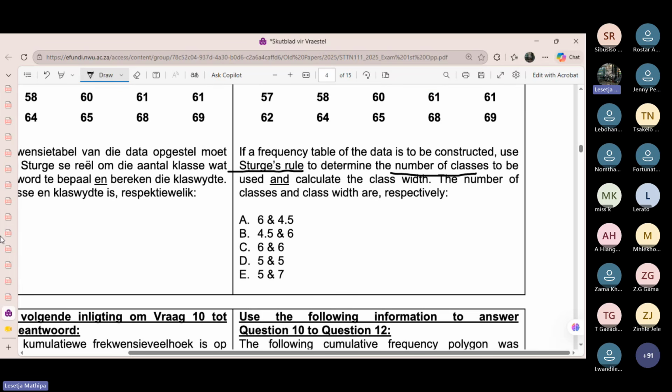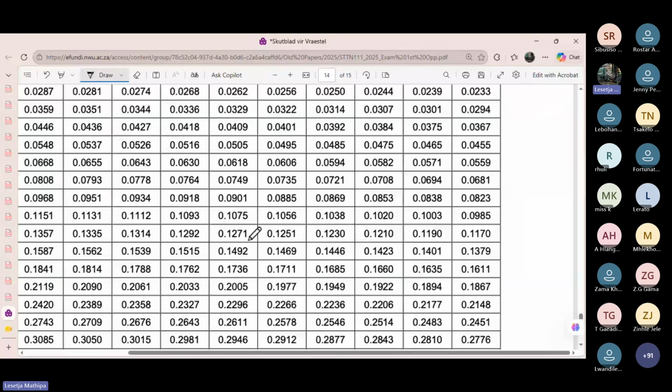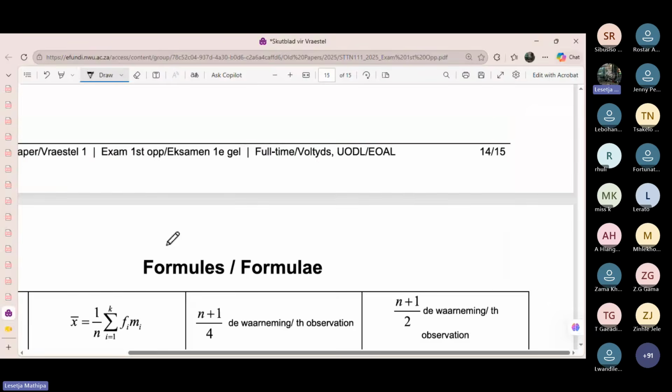Do you guys still remember the formula for this rule? K is equal to 1 plus 1.4 ln n. Yeah, you can also still use that one. I think this is on the formula sheet, because I remember you'll be given the probability table and also the formula sheet.